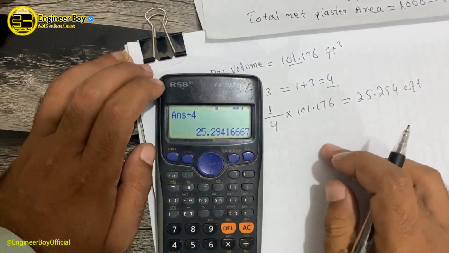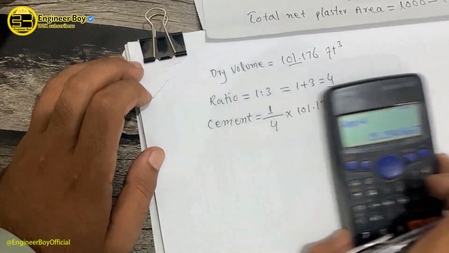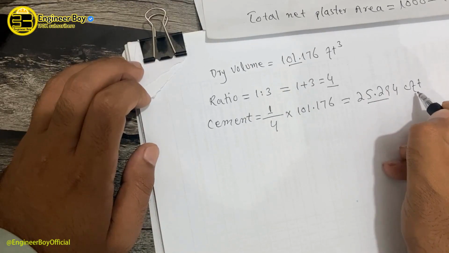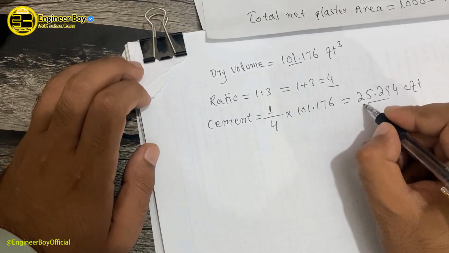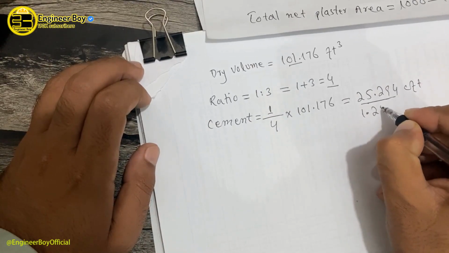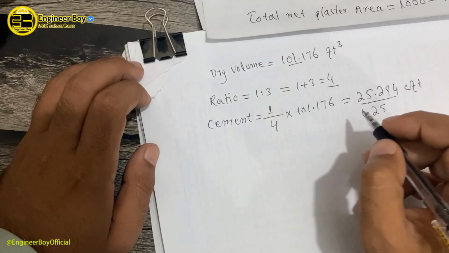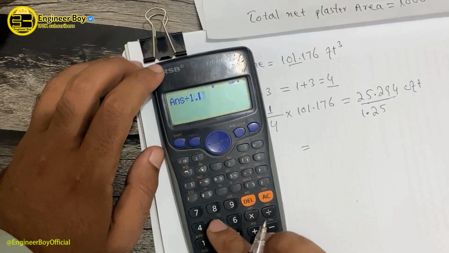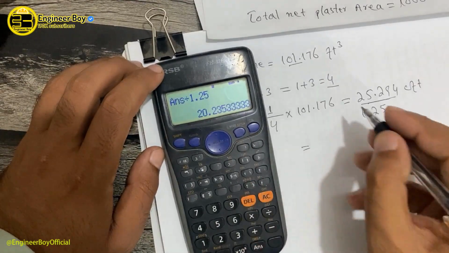Now remember, we always demand cement in bags, not in CFT. That's why we have to convert this into bags. You can just divide this by 1.25 to convert that into bags.